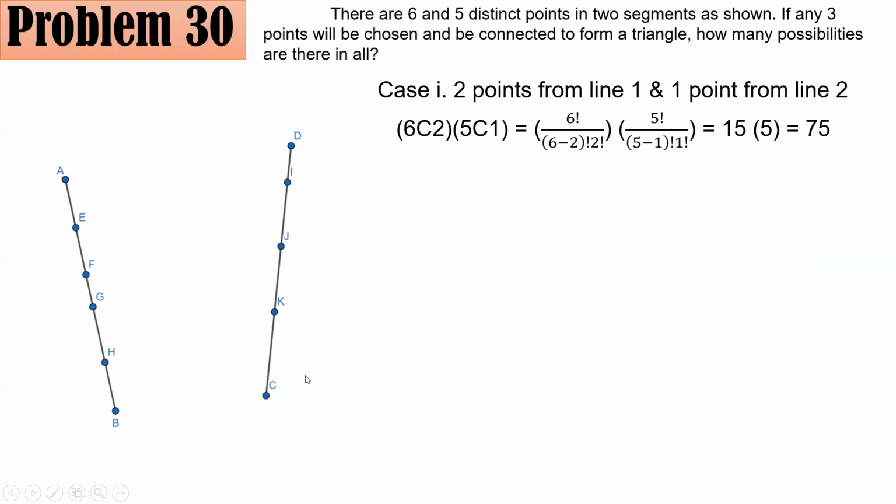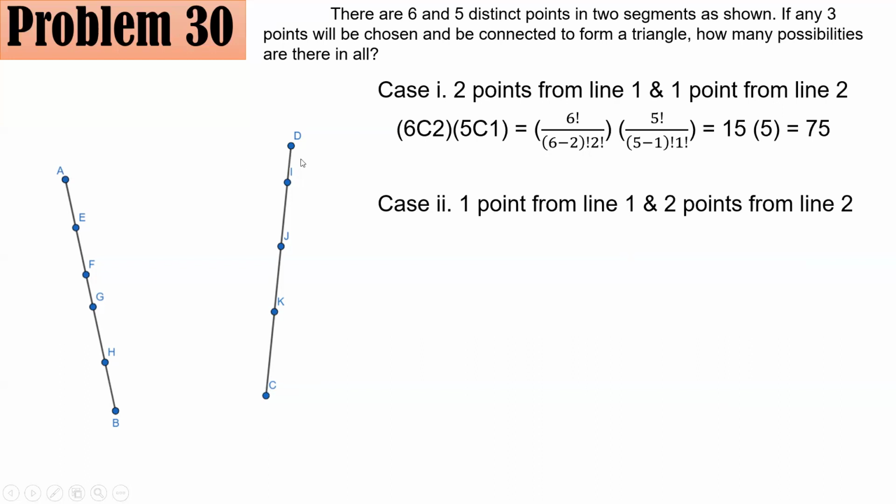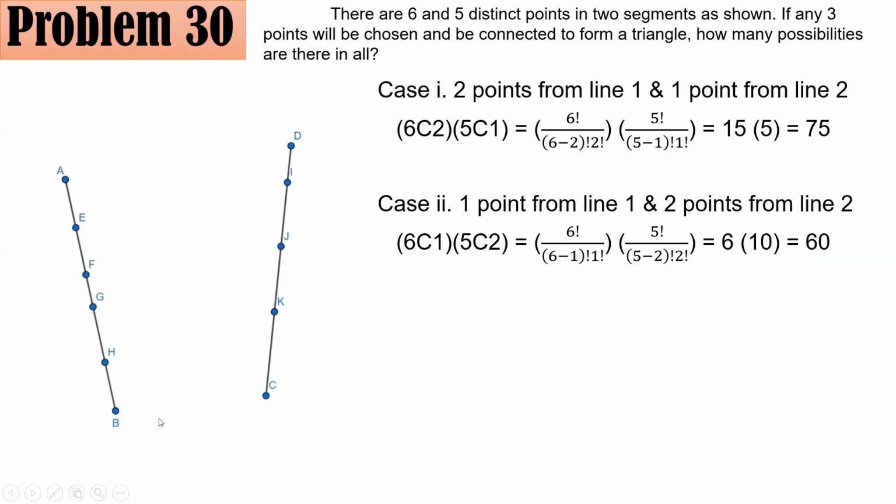But there is also another case. What about if 1 point will be taken from line 1 and the other 2 points will be taken from line 2? So here we have 6, you will choose 1, so that's 6C1. And from this 5 here, you will choose 2, so that's 5C2. 6 combination 1 simplifies to 6, and 5 combination 2 simplifies to 10.